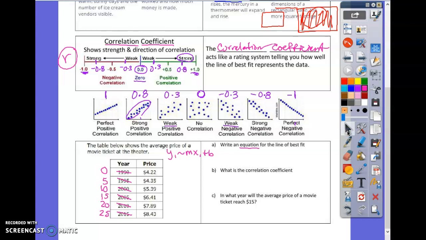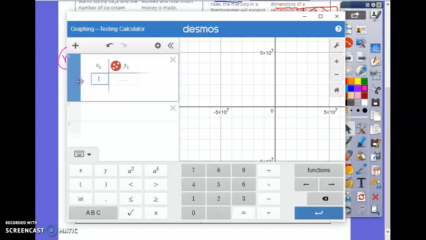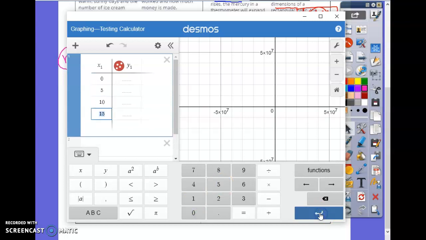So everybody open up Desmos, add a table, start typing 0, enter, 5, enter, 10, enter, 15, it starts typing it for you, 20, enter, and 25, enter. On the other side, we're going to put the decimals.